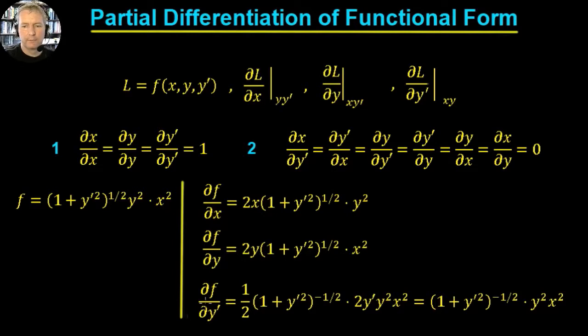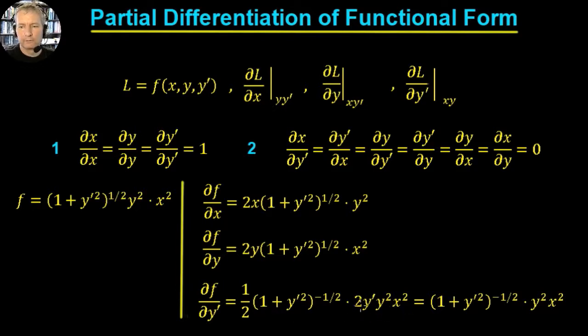And finally, if we look at partial f by partial y derivative, the y squared and x squared just remain the same, so these just stay out here. And if we differentiate this, we're going to have half of 1 plus y derivative squared to the minus a half, and then we just differentiate what's inside it. So we're differentiating y derivative squared with respect to y derivative, so that implicit differentiation is going to give us 2y derivative.